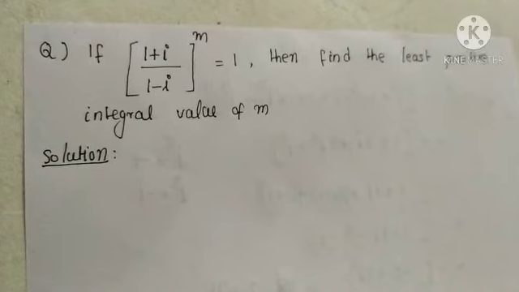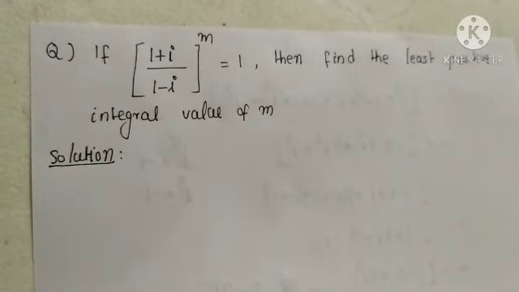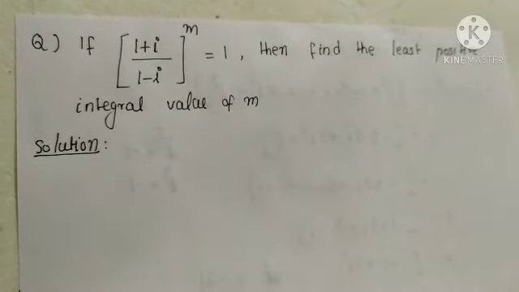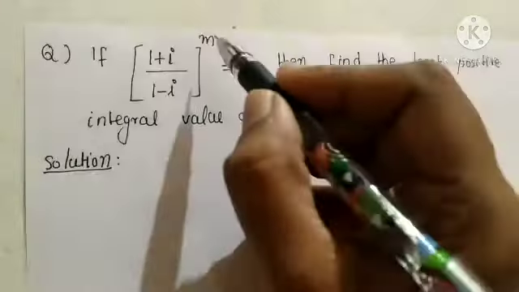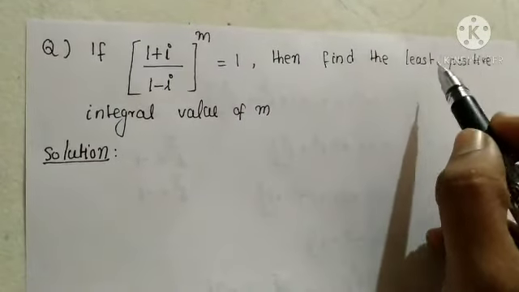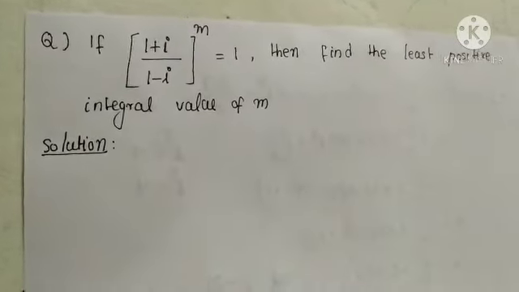If (1 plus i divided by 1 minus i) whole raised to m equals 1, then find the least positive integral value of m. So we need to find out the value of m, and the condition is that it must be the least positive value.